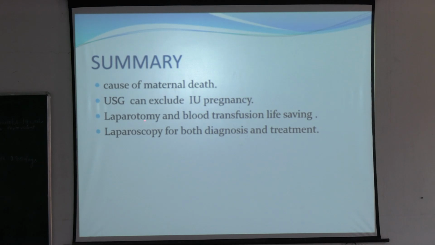So even if you have to do the laparotomy just to stop the bleeding, you have to open the abdomen and put a clamp with the risk of death, but blood transfusion should be arranged quickly. If you cannot arrange blood transfusion, the patient may die. So even before the blood transfusion is available, you have to go for laparotomy, you have to open the abdomen, because leaving the patient as such will not improve the condition of the patient.